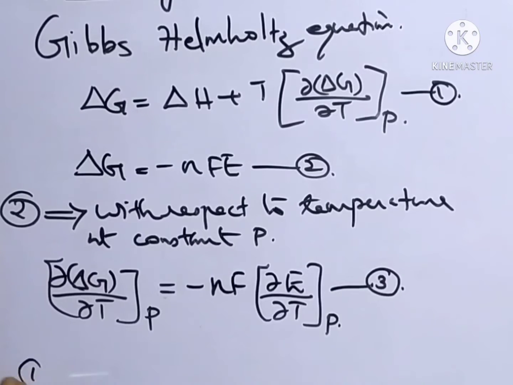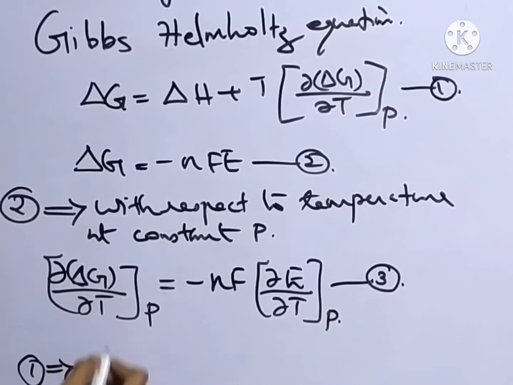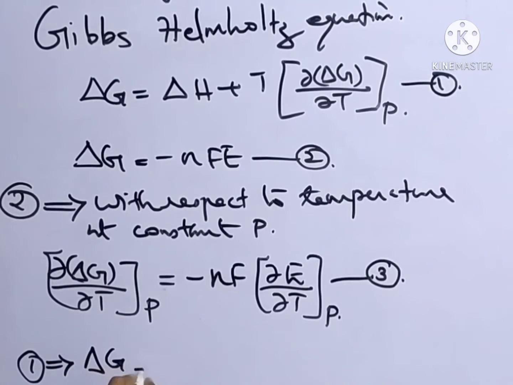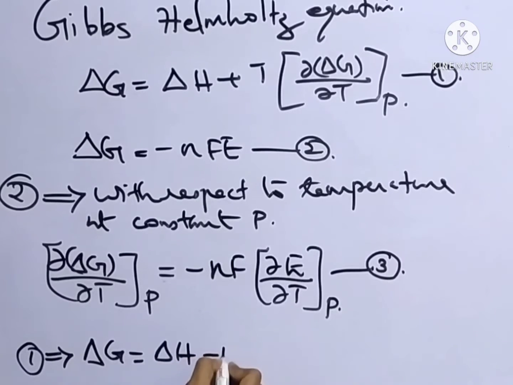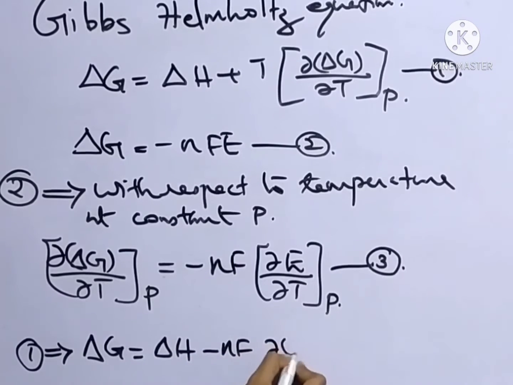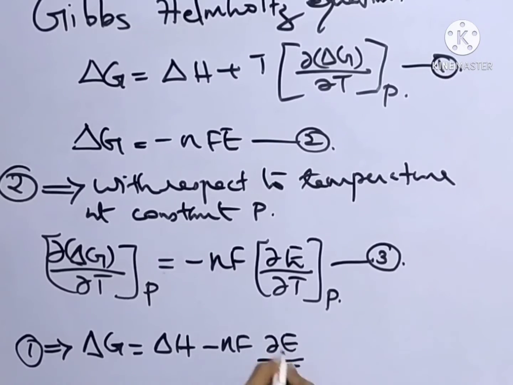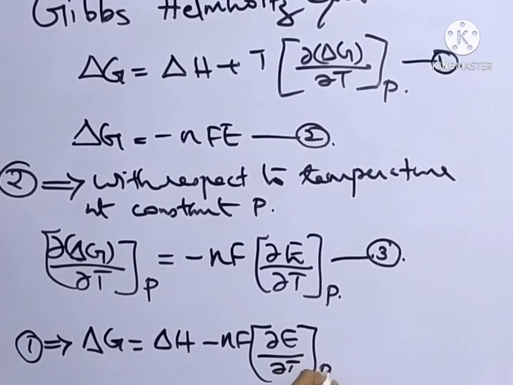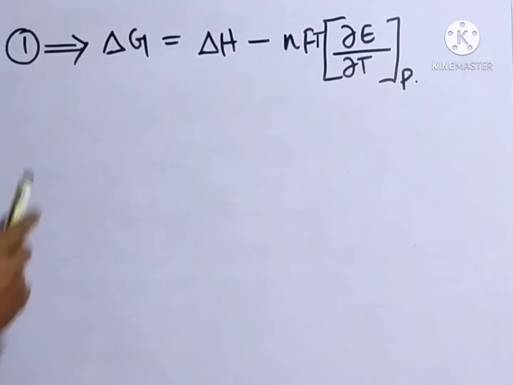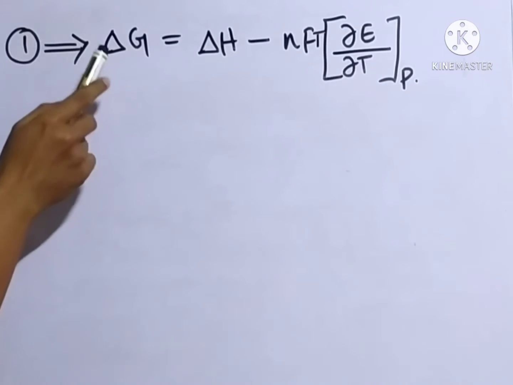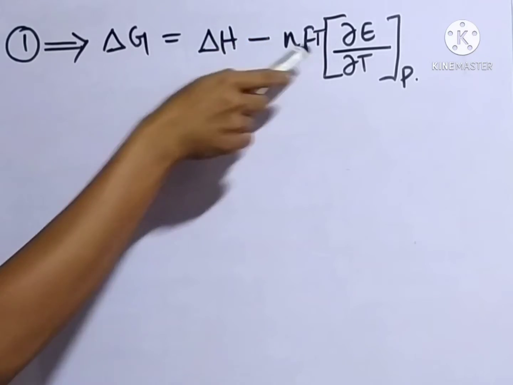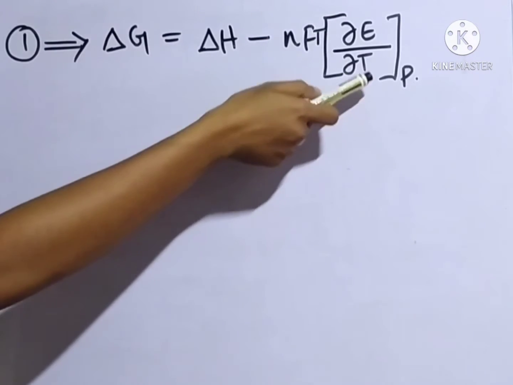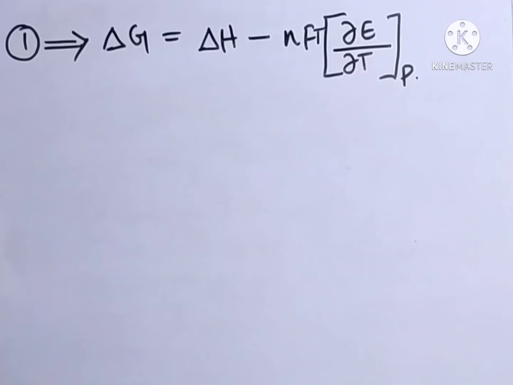Then equation number 1 will change like this: delta G equals delta H minus NFT dou E divided by dou T at constant pressure.